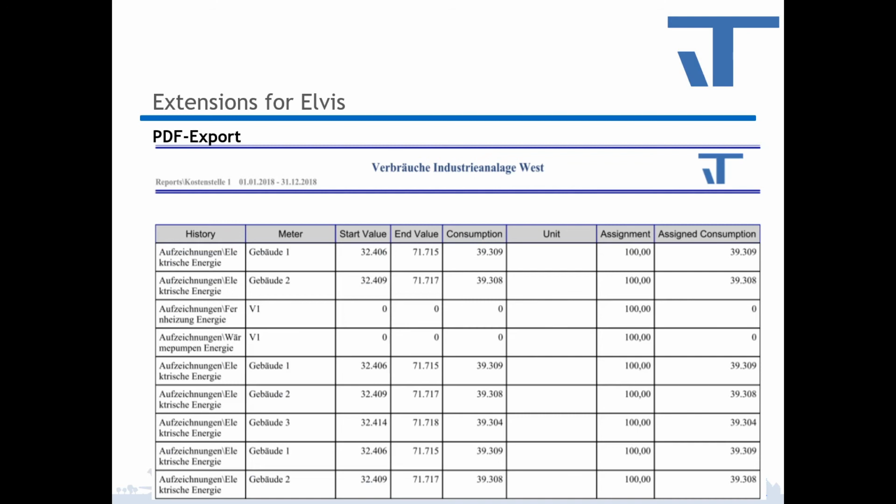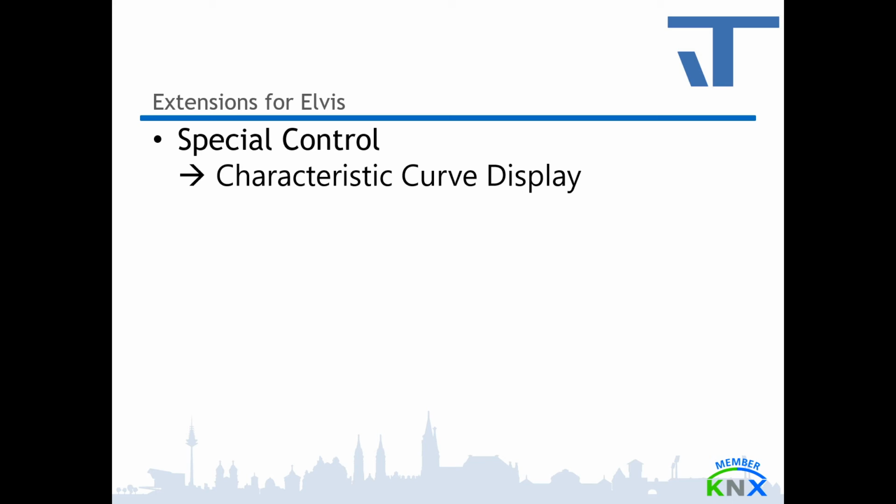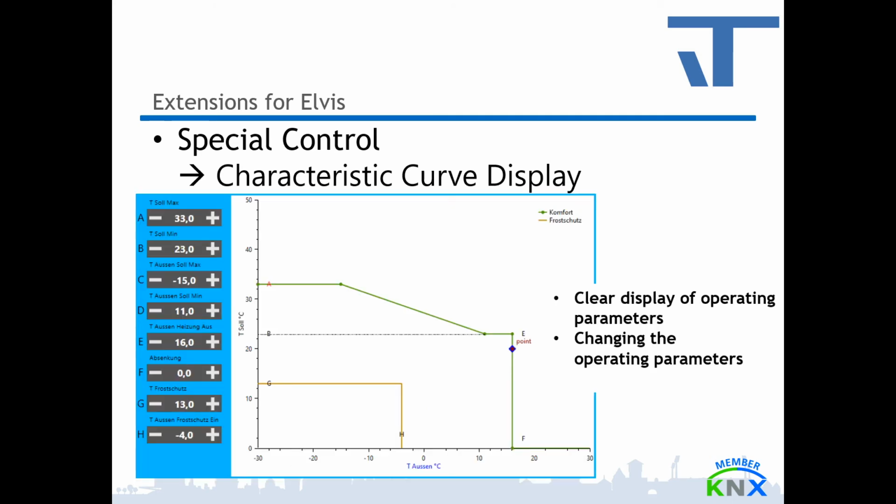Next, I want to show you another extension, which is a special control that makes controlling your heating easy. Already named as special, it's called the characteristic curve display, or short CCD curve display. It was created to display a heating curve and also makes it possible for the customer to change the operating parameters.